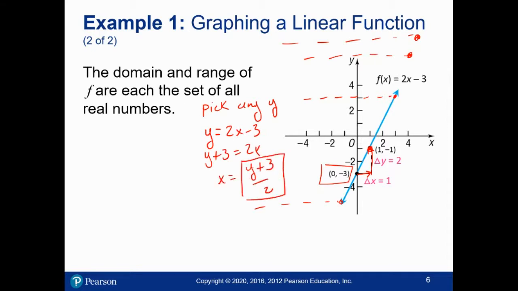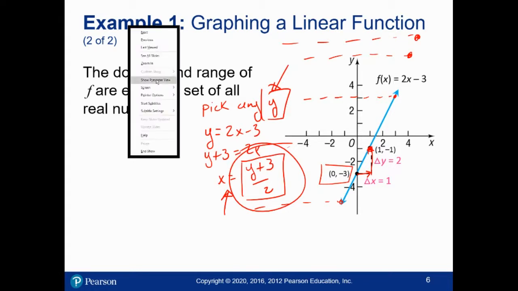So if I start with this value of x, I will get out this value of y. And there's no reason I can't start with my given value of y, add 3, and divide by 2. Any number y you want, you can add 3 and then divide by 2, which means you can pick this x, which means you can get out that y. So any number y you want, it's totally possible to get it out.